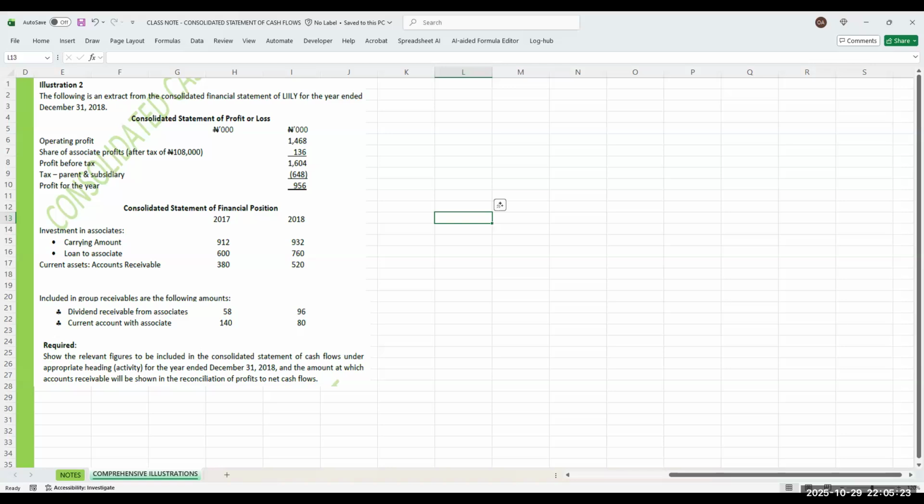Included in the group receivables are the following amounts: dividend receivable from associates, current accounts with associates. Required: show the relevant figures to be included in the consolidated statement of cash flows under the appropriate heading activity for the year ended 31st December 2018, and the amount at which accounts receivable will be shown in the reconciliation of profit to net cash flows.